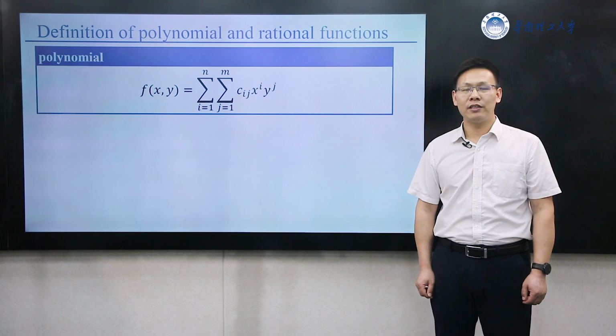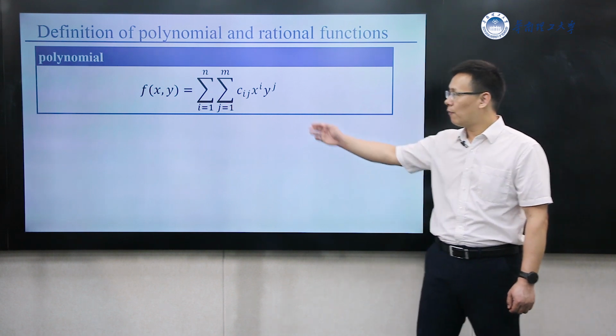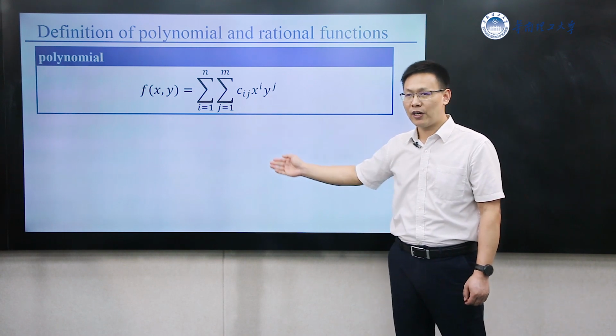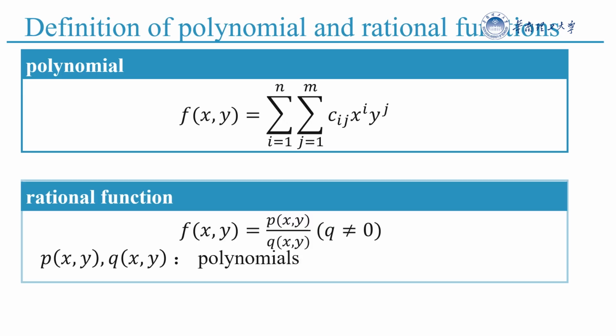The polynomial is a function of the following form, and a rational function is the quotient of two polynomials of this form, where both p and q are polynomials and q is not identically 0.